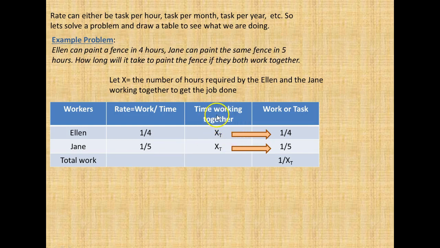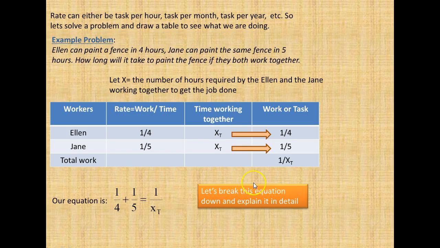Okay. And so the time working together is T, and the work or the task is equal to 1/4 plus 1/5 equals 1/T. Let's break this equation down and explain it in detail.